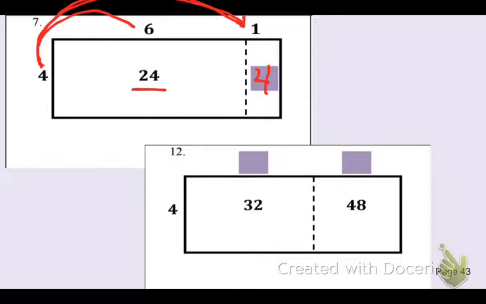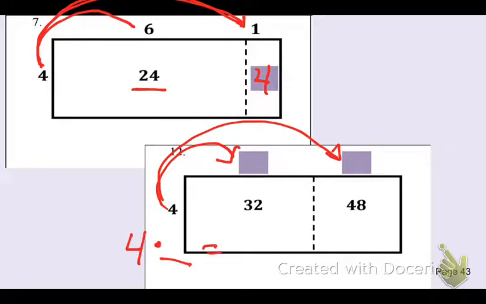All right, so we're going to do the same thing, but now on problem 12. Remember, I'm still on page 43. All right, again, I'm distributing this 4 to this box and then distributing it over here to this box. So this is basically saying 4 multiplied by what gives us 32. And this is saying 4 multiplied by what gives us 48.